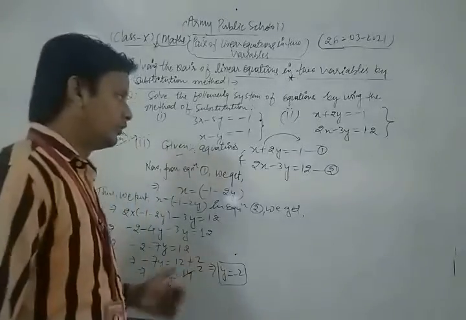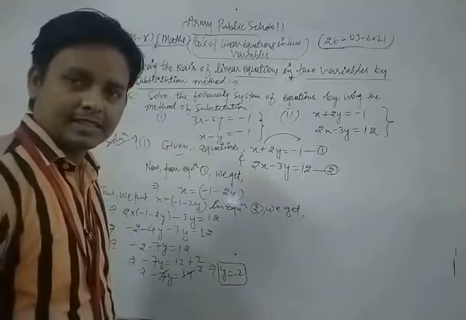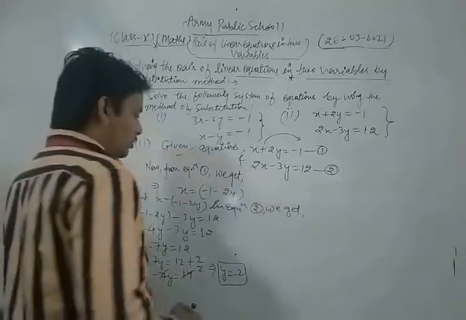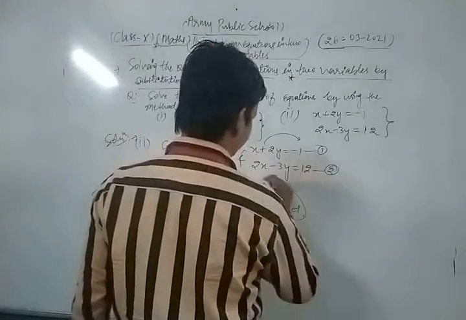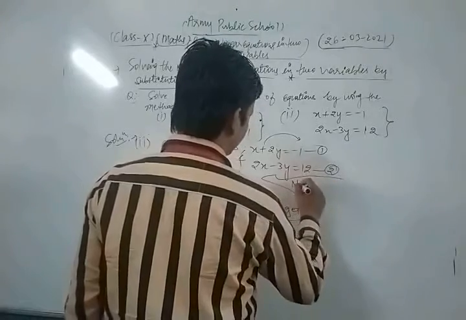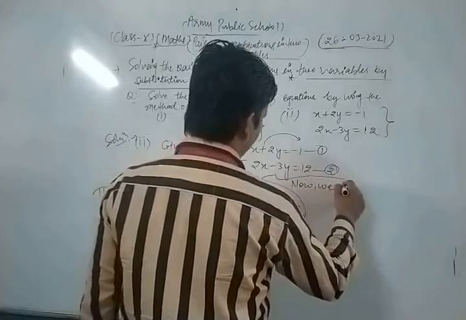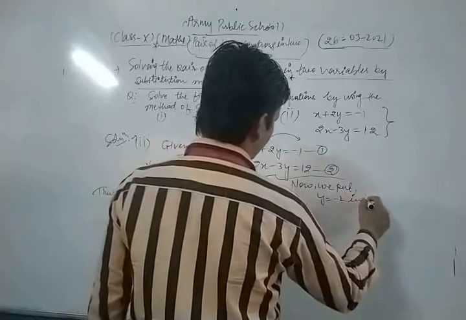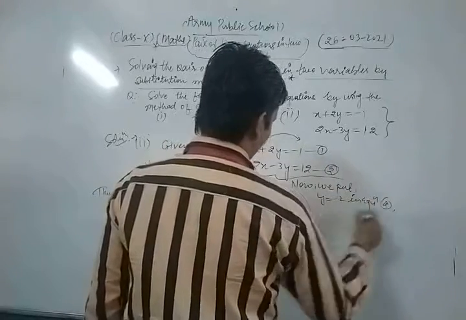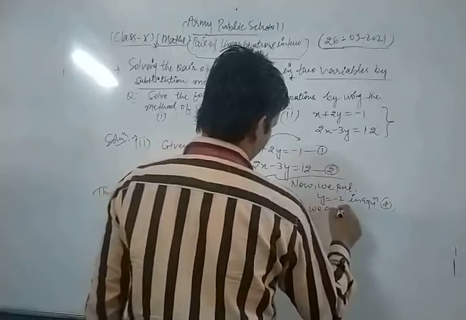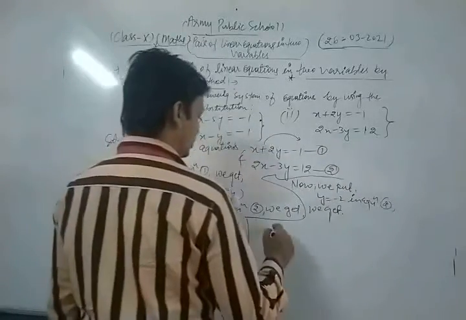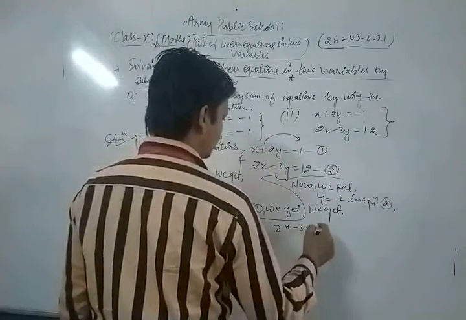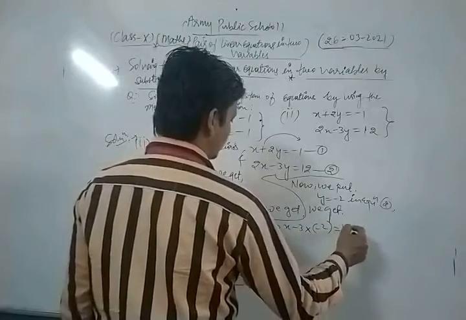Now we also find the value of x. We put y equal to minus 2 in equation 2. We get 2x minus 3 into minus 2 is equal to 12.